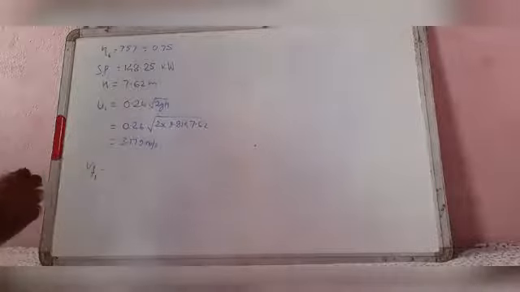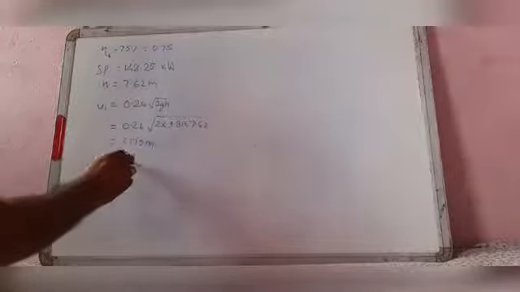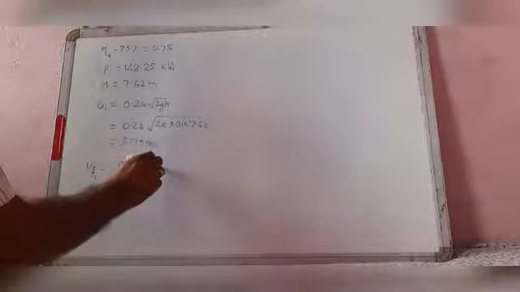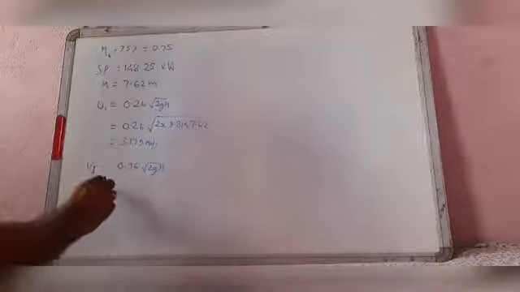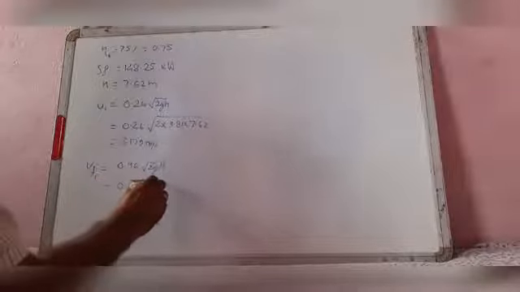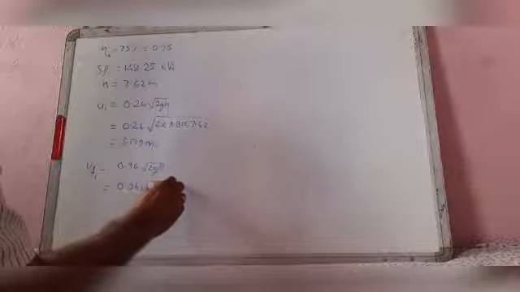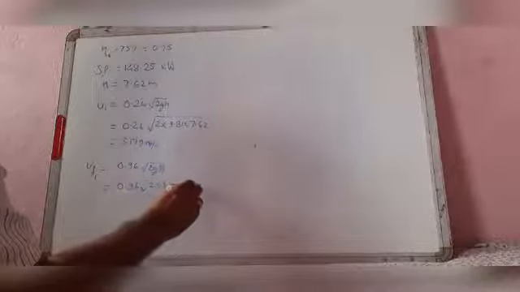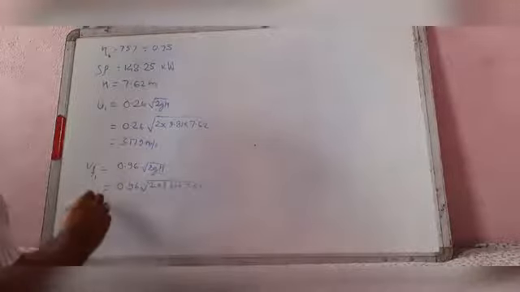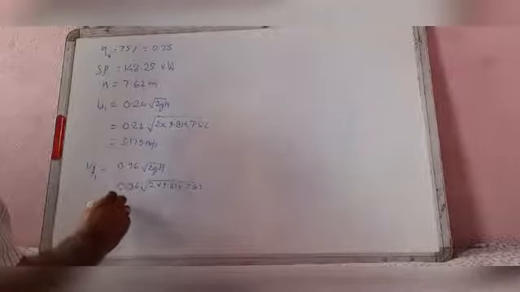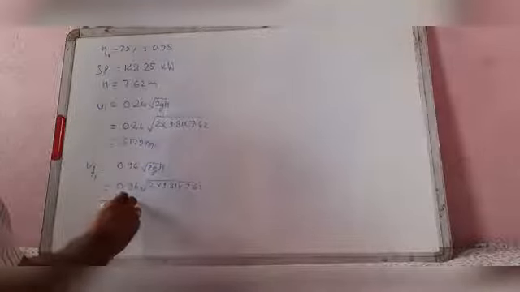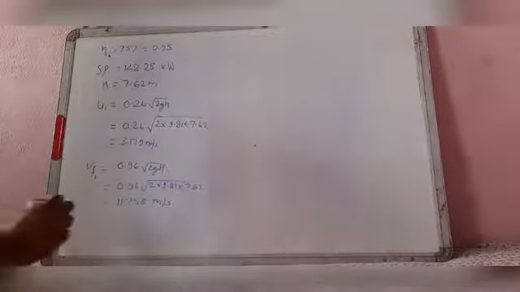Velocity of flow at inlet VF1 equal to 0.96 root 2gH. Replacing the values, with H as 7.62, the value of VF1 comes 11.738 meters per second, and N is given 150 rpm.